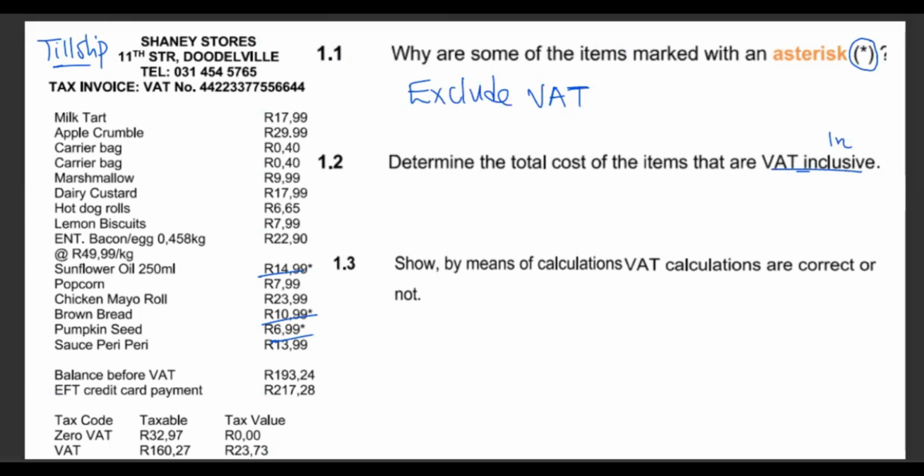What you're going to do is add all these items here, and when you add them all, the answer becomes 160.